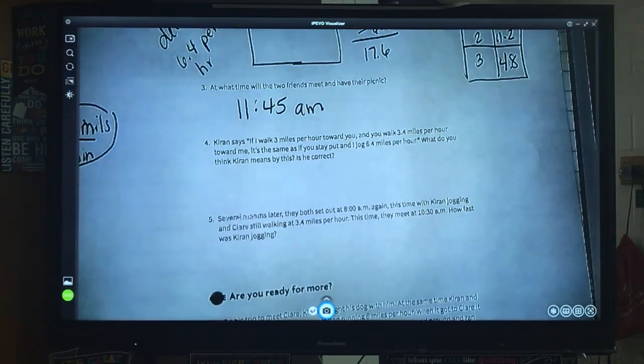If he means that if he has a rate of 6, it will be the same as if one of them walked at 3 miles per hour and the other one walked at 3. Yes.